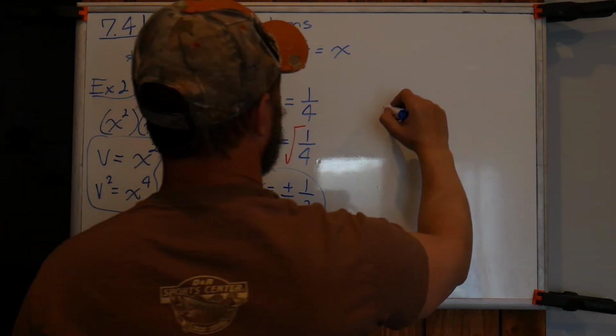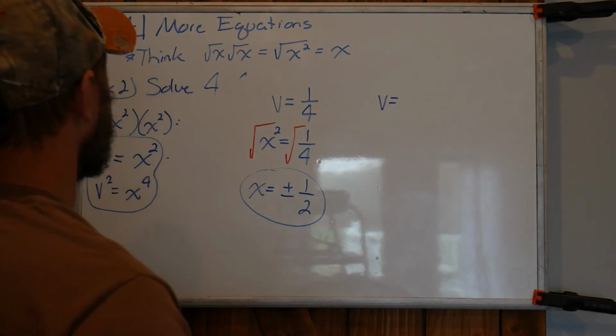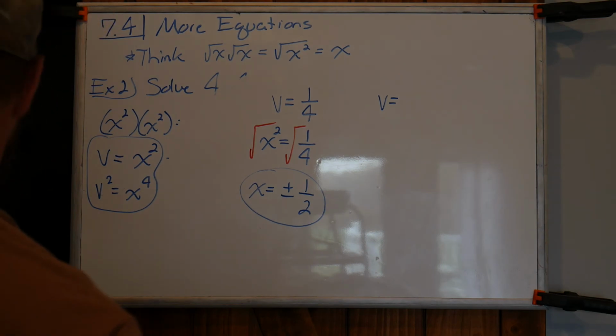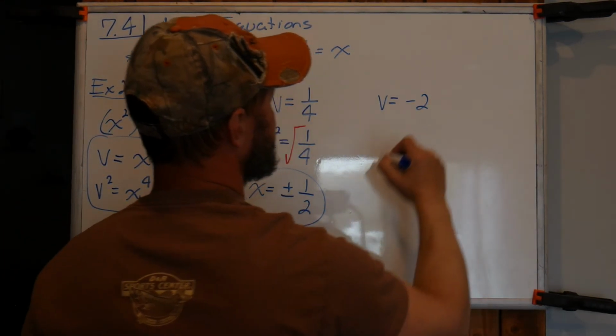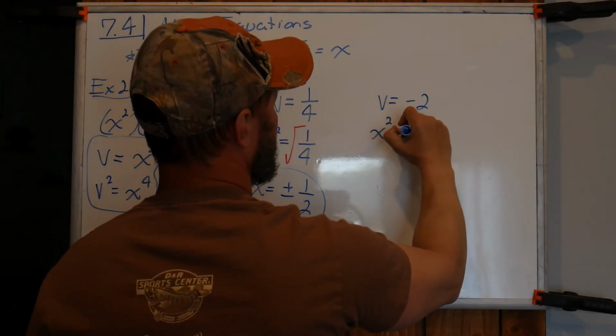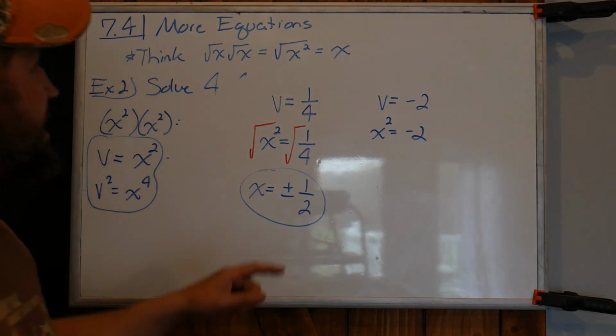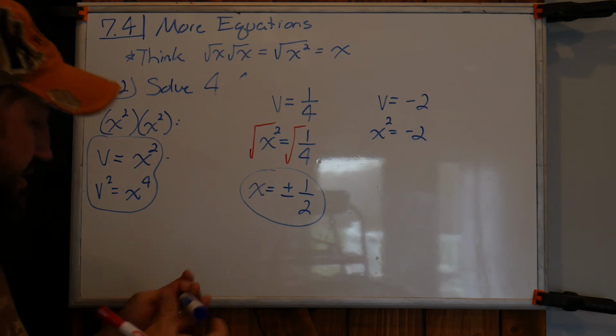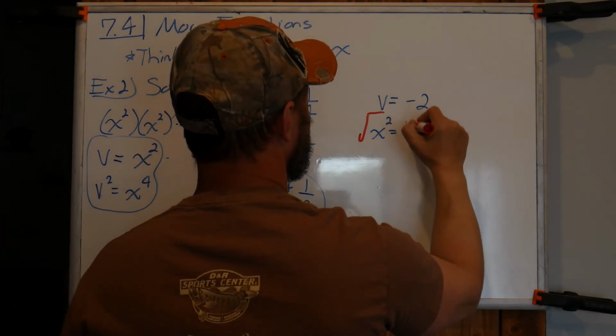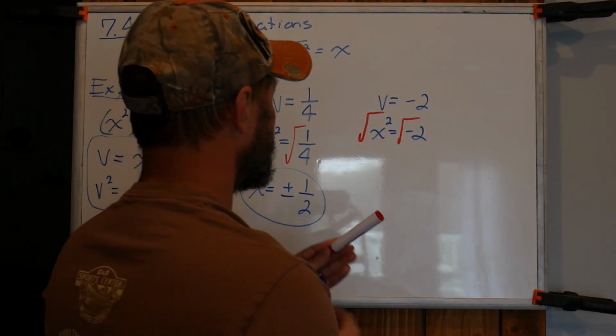Then my other, and I already erased everything. I shouldn't have, I think it was 2, was it not? Negative 2. So that means my x squared actually equals negative 2. So I do the same thing here. Square root, square root.